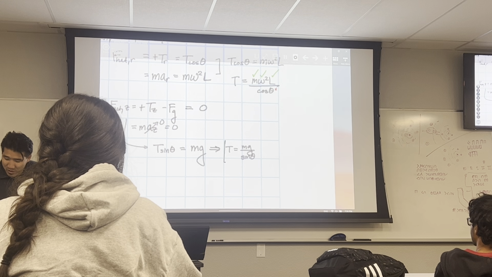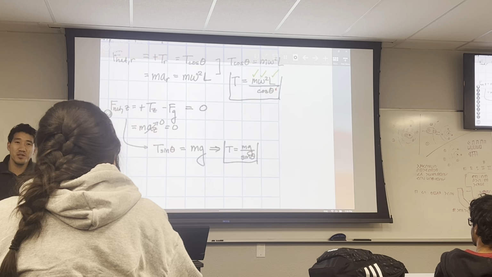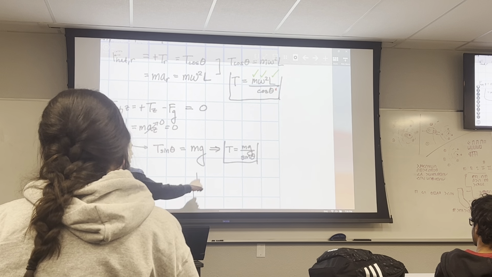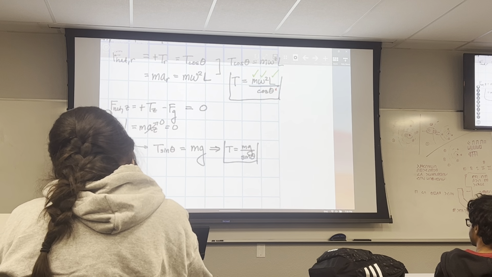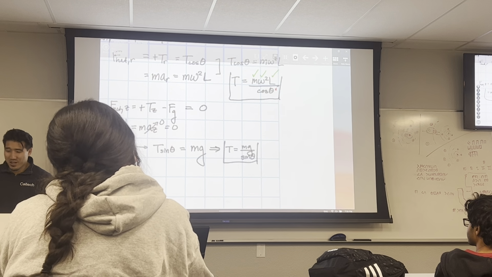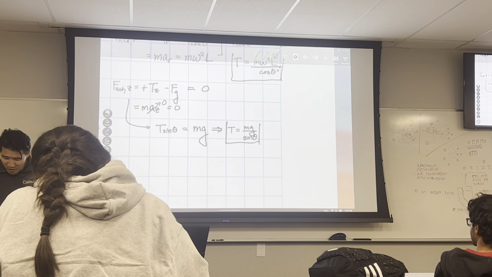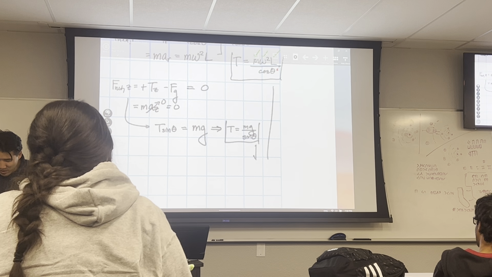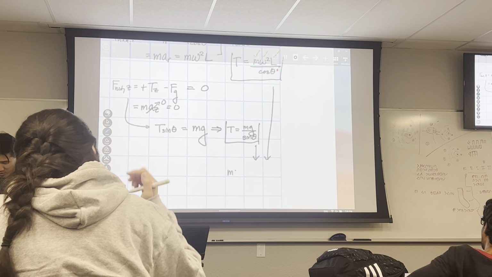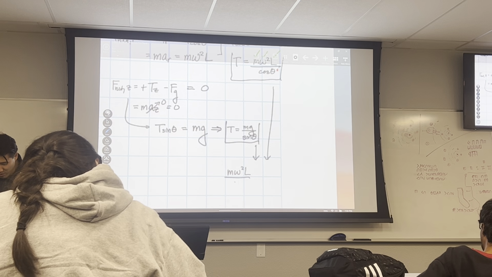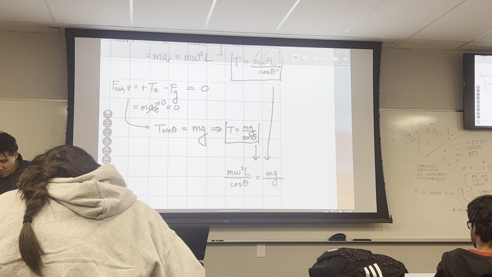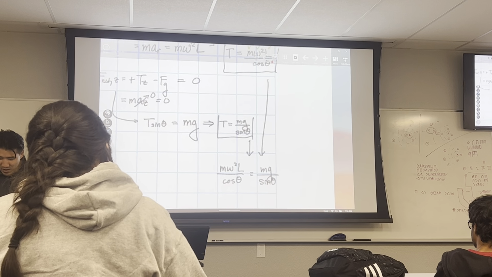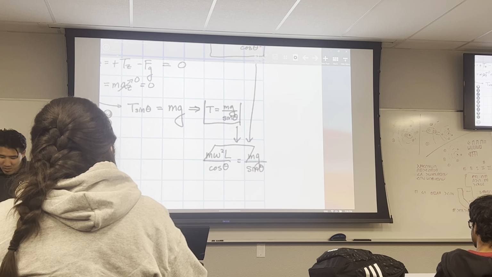Well, look here. We have one expression for tension and another expression for tension. If A is equal to B and A is equal to C, what can you say about B and C? That they must be equal. So, putting both of these together now, we get m omega squared L over cosine of theta is equal to mg over sine of theta. Masses cancel.